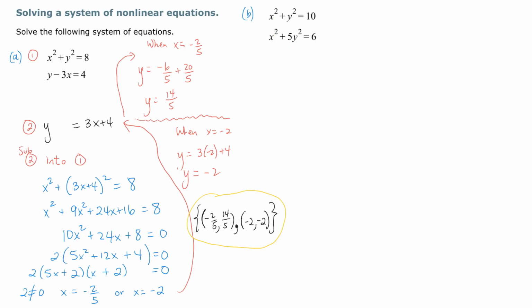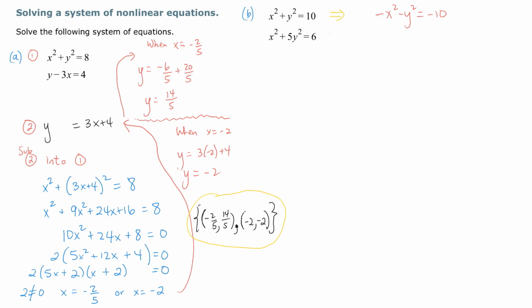I am going to do something a little bit different. I'm going to take the first equation and I'm going to multiply it by negative 1. If you do that, you get negative x squared minus y squared is equal to negative 10. So multiply both sides of the first equation by negative 1, you get that.